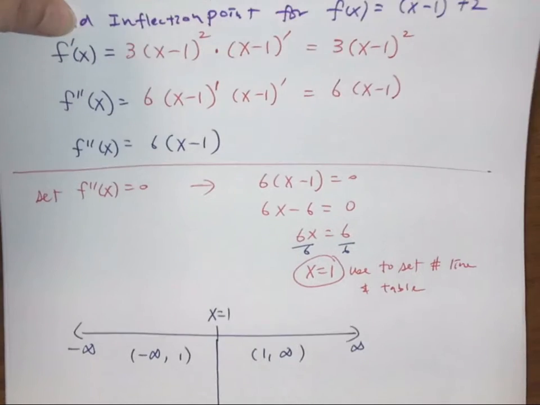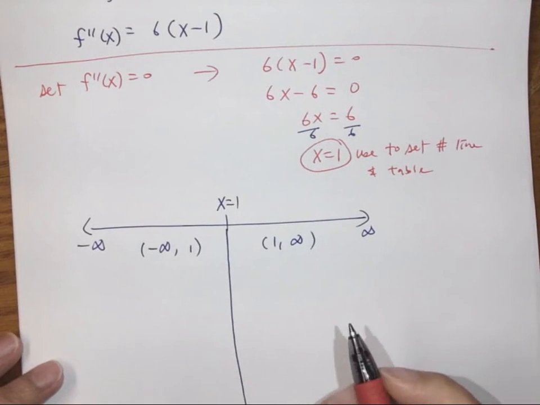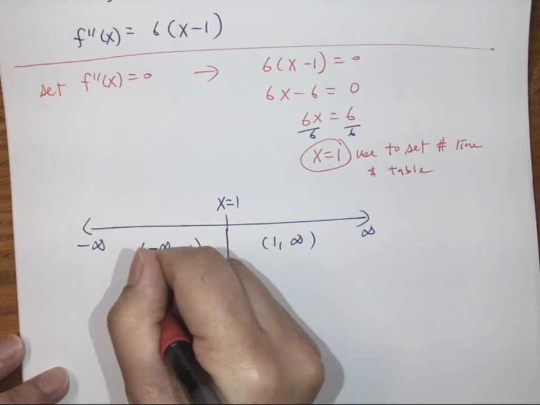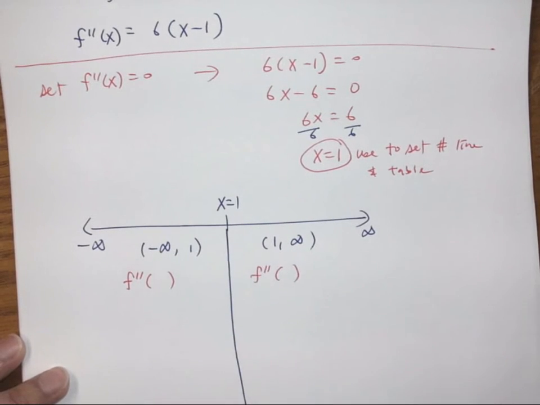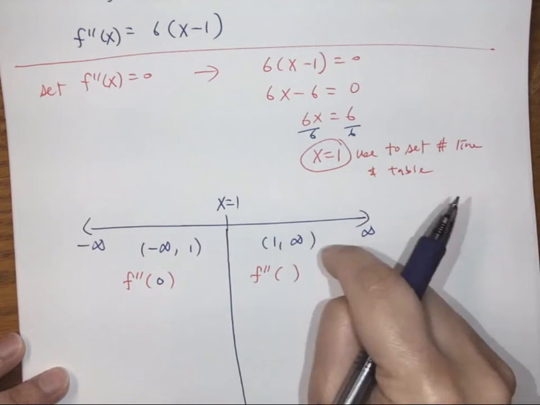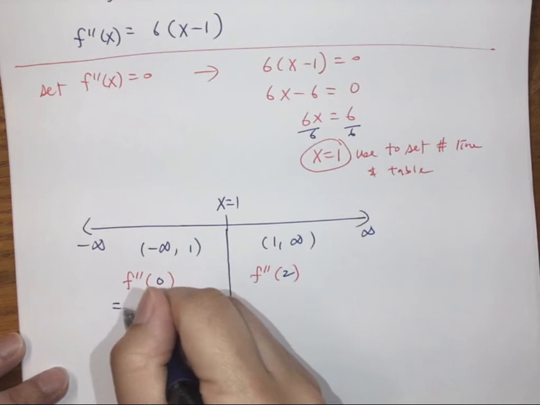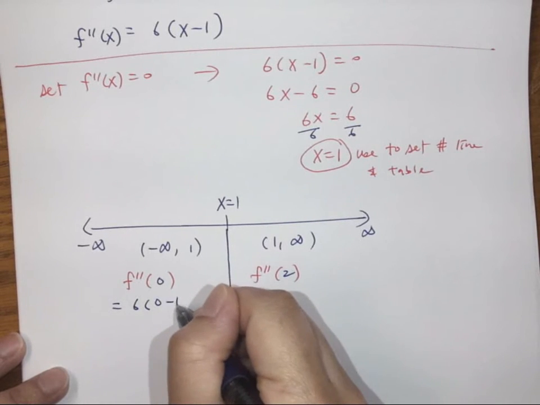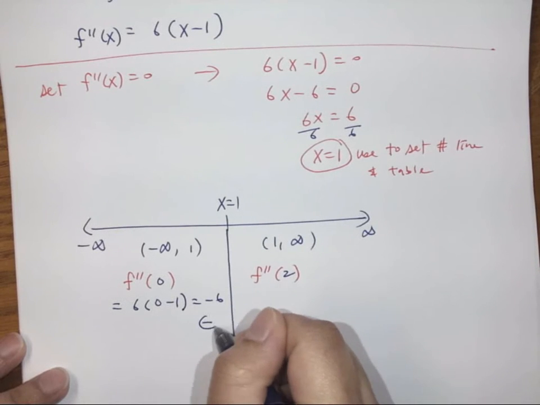Because we are checking the concavity, we're going to plug into the second derivative. So f double prime of a number, f double prime of a number. So pick a number in here. It could be 0, the easiest one. And then we can plug in maybe 2. If we plug into the second derivative, we have 6 times 0 minus 1, which would be negative 6, which is negative.